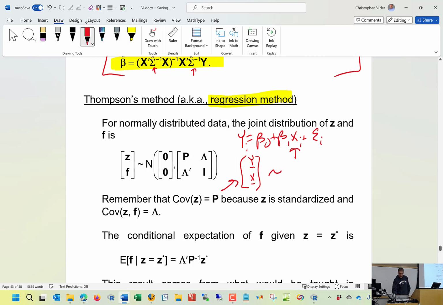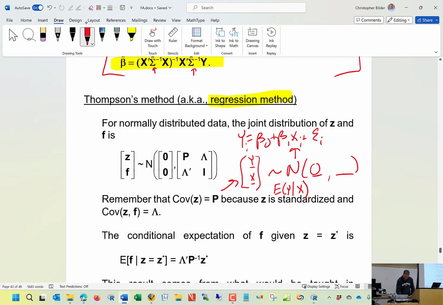And this would have a multivariate normal distribution with some kind of covariance matrix. And then what we would say is, if I know what the x's are, after all, I am going to observe them, let's find the expected value of y given x. And then proceed within that kind of a framework for your regression analysis.